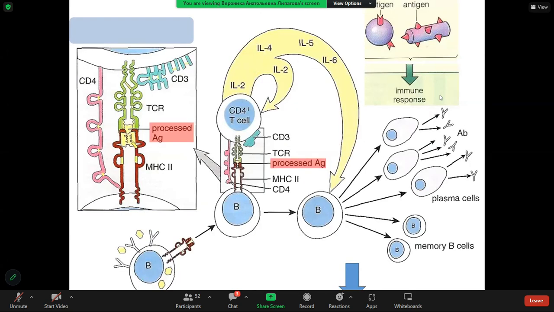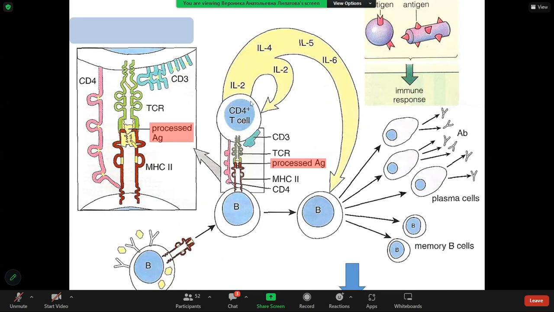This scheme illustrates this type of immune response by differentiation of B lymphocyte.